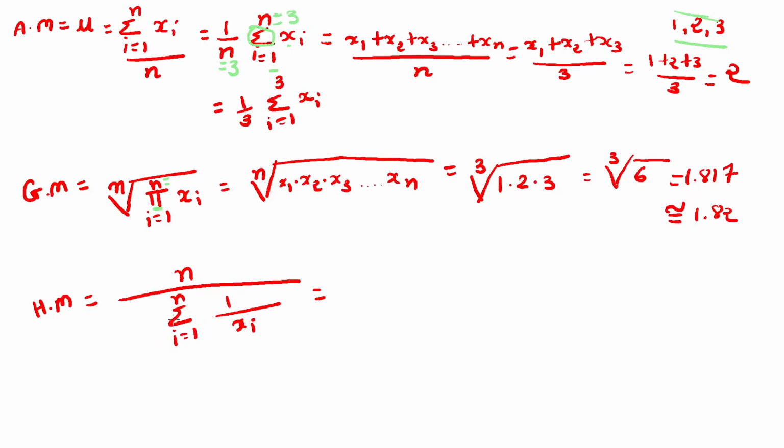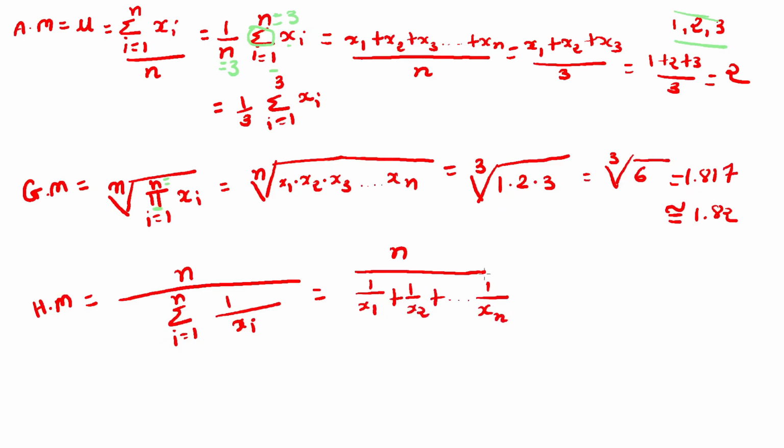Sigma stands for summation, so it is the symbol of sigma, shows summation of the numbers, and i will take the value of 1 to n. So again this equation in the expansion form will become like this: 1 upon x1 plus 1 upon x2 till 1 divided by xn.